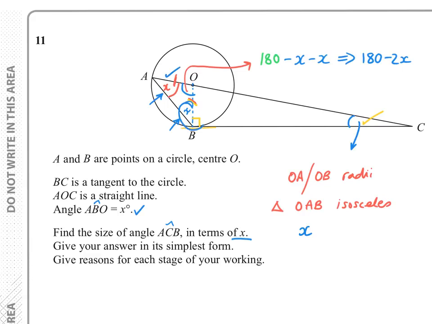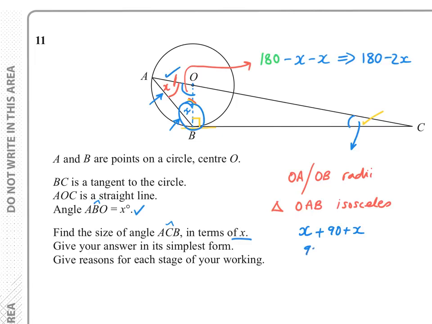We have 90 plus x for that angle, and we know that the angles in a triangle, again, and you'd have to write this down, angles in a triangle are 180 degrees. What do you think angle BCA or ACB has to be in this case?